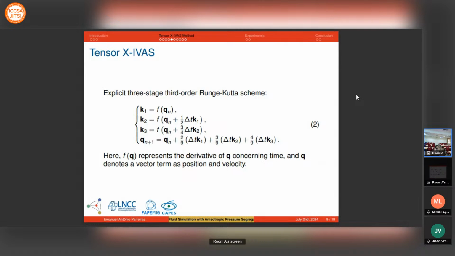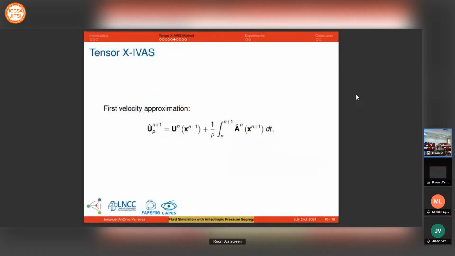We have an integration of Q, where f of Q is the derivative of Q, and Q represents the position or the velocity, maybe other quantities you integrate in time. For the first velocity approximation, we use the explicit part, found using the integration of the part a hat.